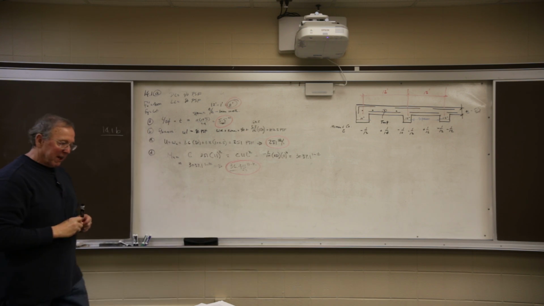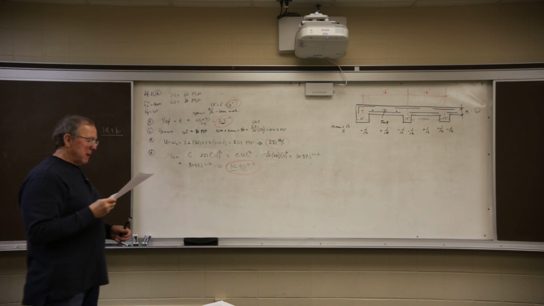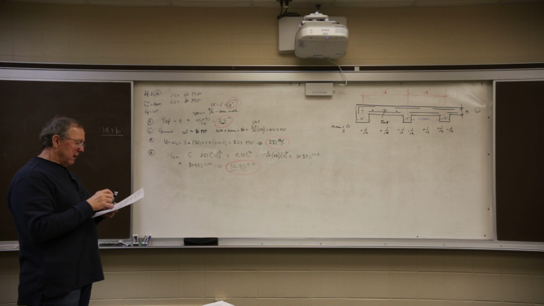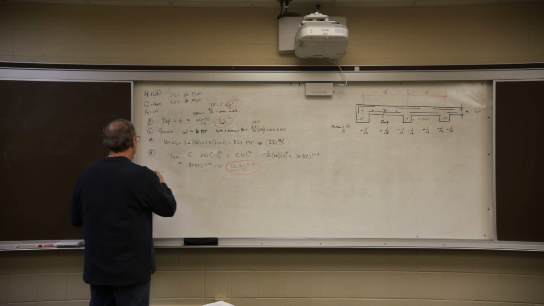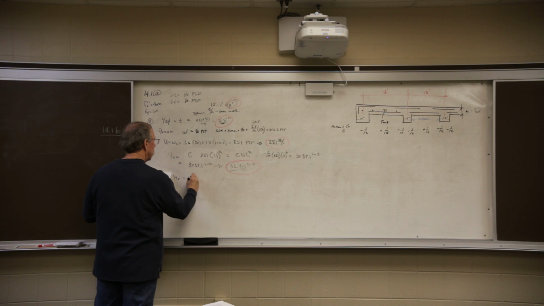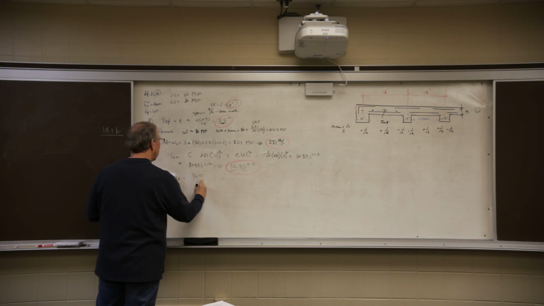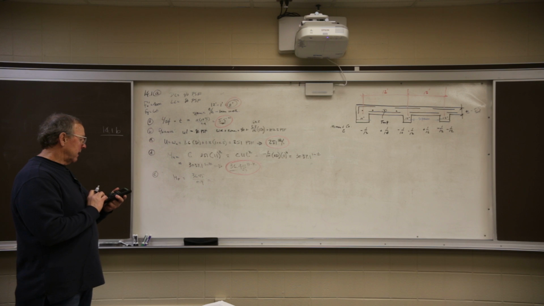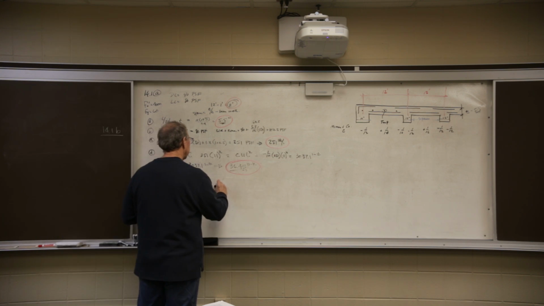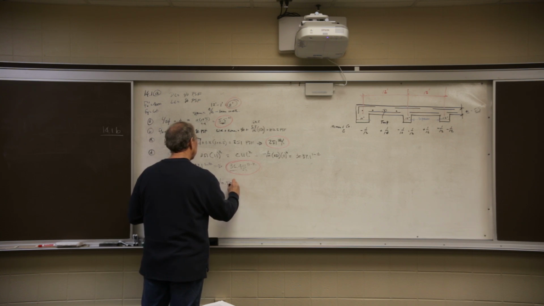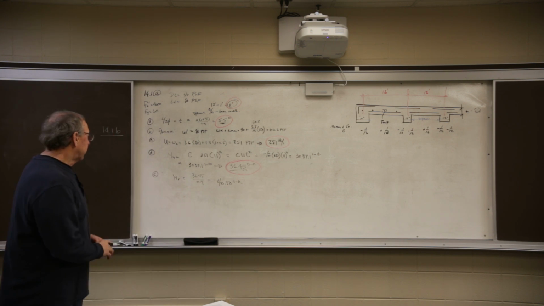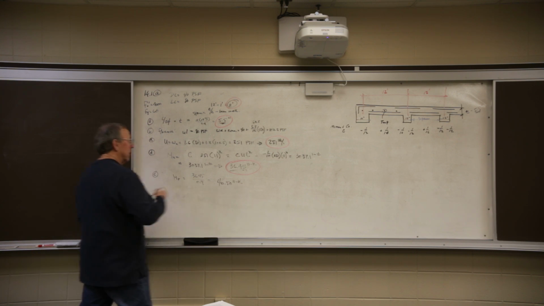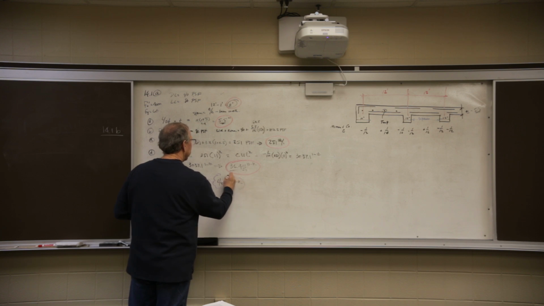Okay, so now we've got the moment. We've just finished letter D. Let's go to letter E, apply the resistance factor to it. 36.45 divided by 0.9 gives me 40.50, and that is the really important number for me, so I'm giving it a little special treatment.